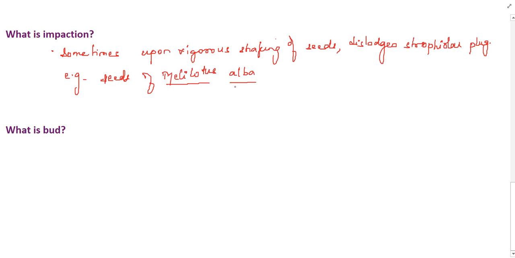Okay, next is, what is a bud? The term bud you must have heard, but what is the scientific definition of bud? A bud is actually a meristem. How has it been formed? It is a meristem in which the internodes have failed to elongate.